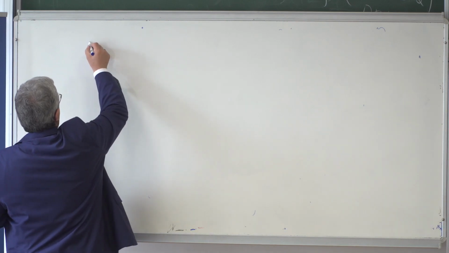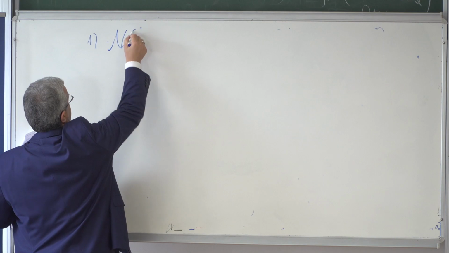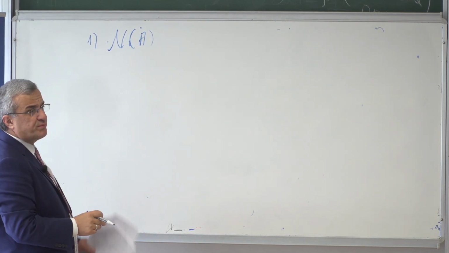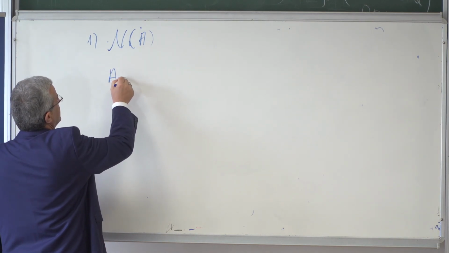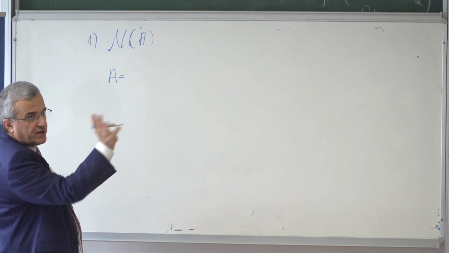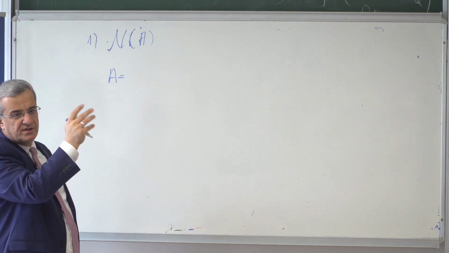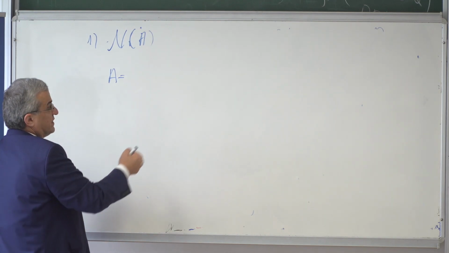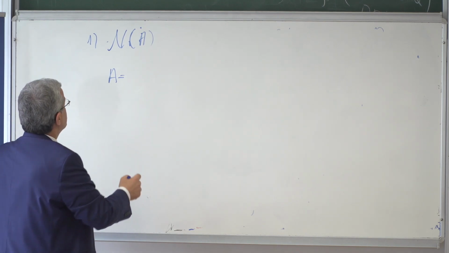So we first talk about the null space of A, okay? How do we obtain a basis for the null space of A? As I said, we are assuming we are not in a special case, so we are in the regular case, okay? So U11 is r by r, and it is non-singular, and LU decomposition is possible without first changing rows.